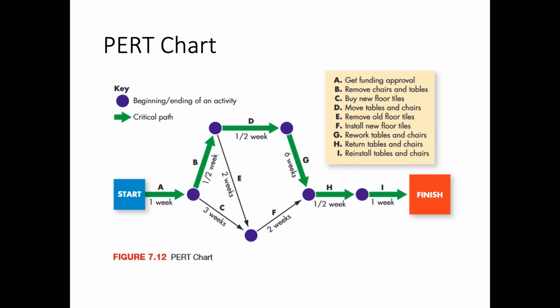And quite frankly, you can't get to step H, returning the tables and chairs, until step G is completed, reworking the old ones, right? So you can sort of see how this provides yet another layer of information when you're running a project. To be able to see, well, there's no way for me to even start scheduling labor to reinstall the tables and chairs until they're finished up with steps D and G, moving the tables and chairs into the woodworking shop and then having the rework done and completed.